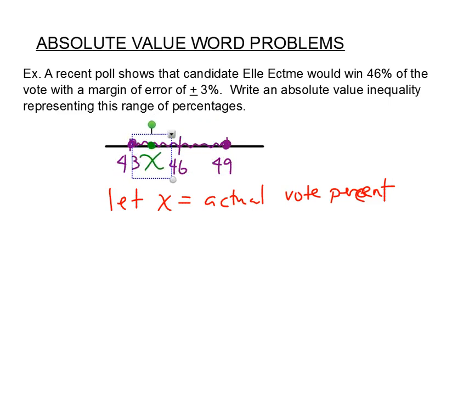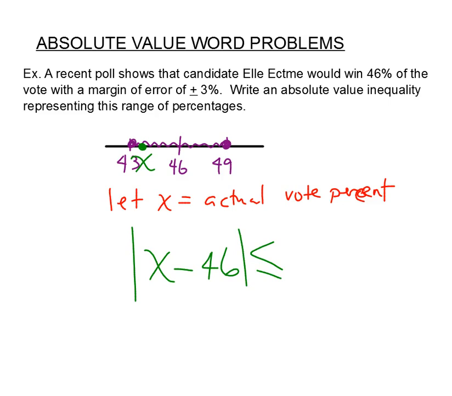I guarantee you that if I subtracted the actual vote minus the middle value, which in this case is 46, if I found the difference between the actual vote and this 46, that is x minus 46, where I don't care who's larger, it would have to be less than or equal to, well, what's the maximum distance from 46 to 49?